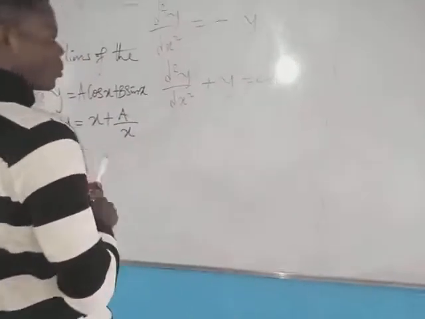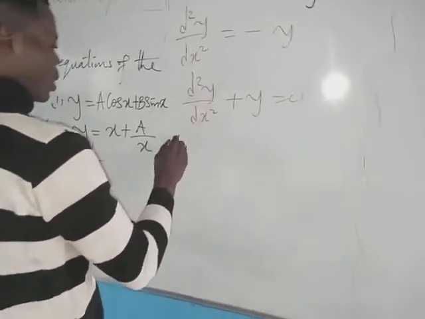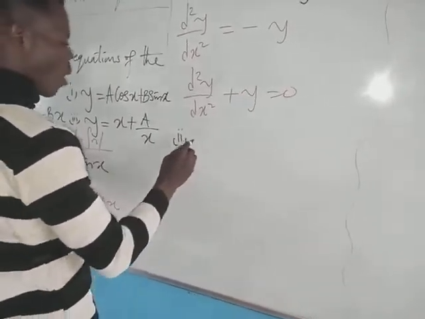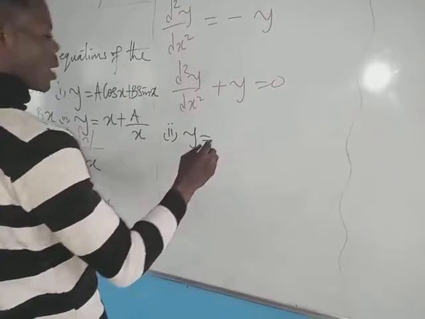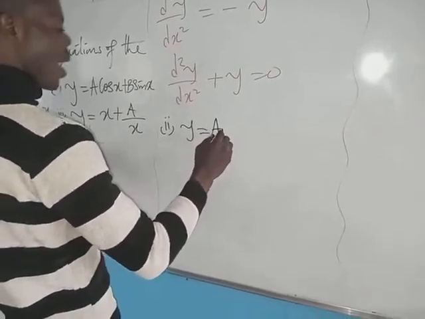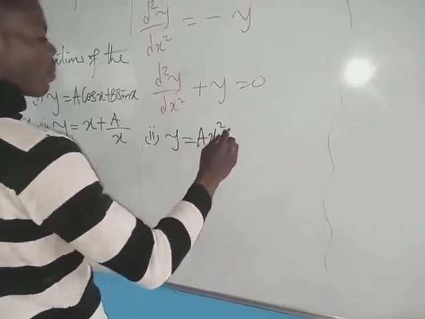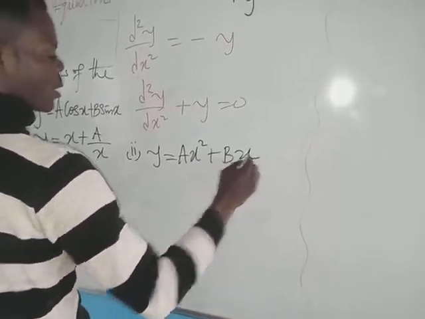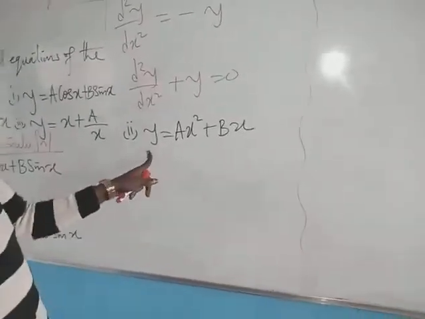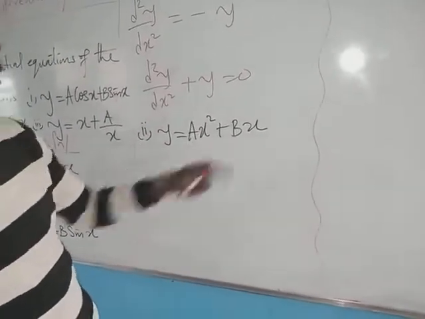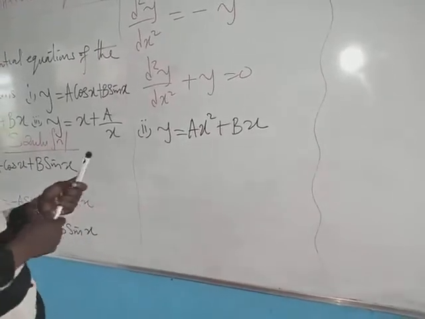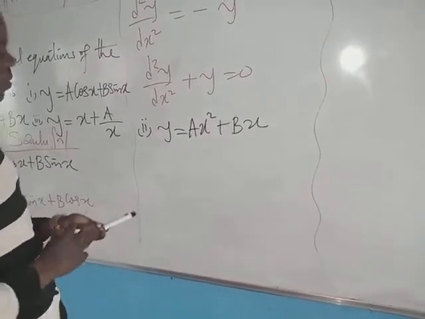The second question here, we have y equal to A x squared plus B x. y is equal to A x squared plus B x. And what are we going to do here? We are going to differentiate.